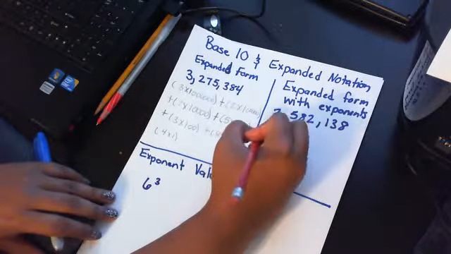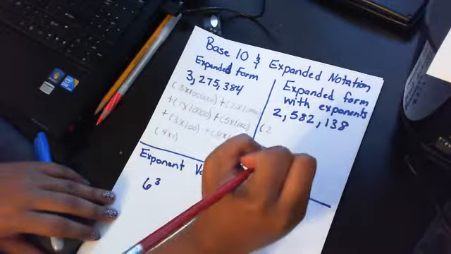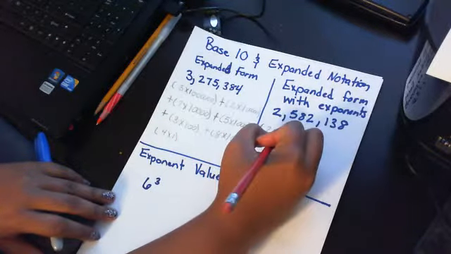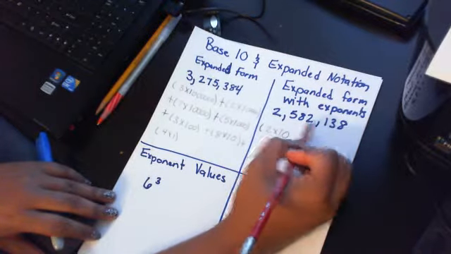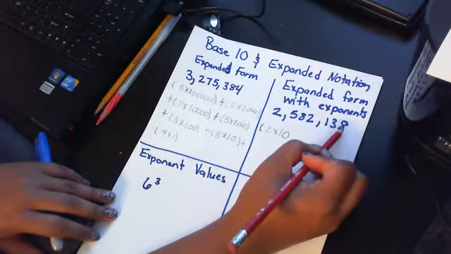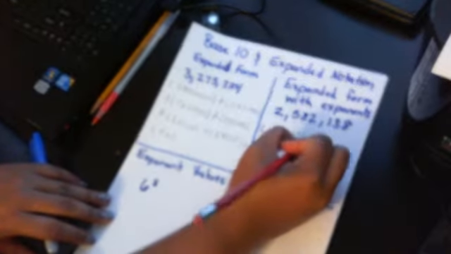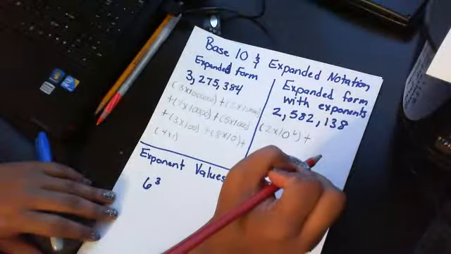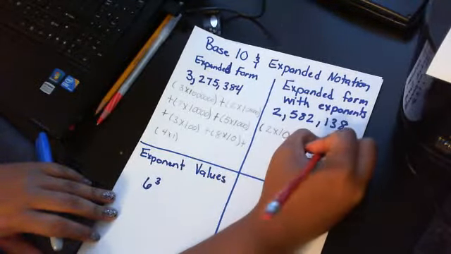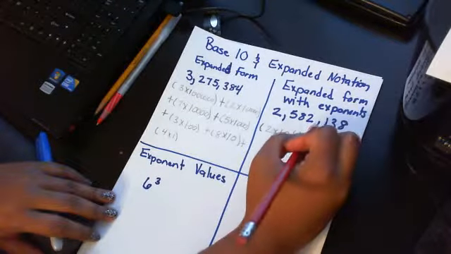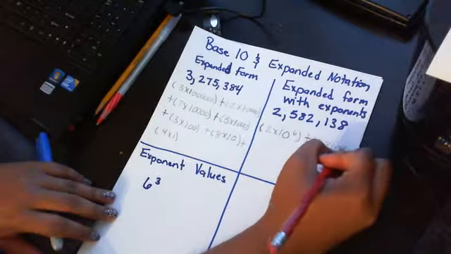So I'm going to put parentheses, 2 times 10 to the 6th power. Plus, open parentheses, 5 times 10 to the 5th power.